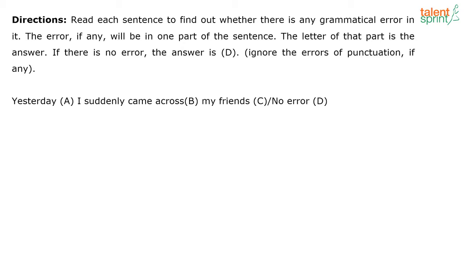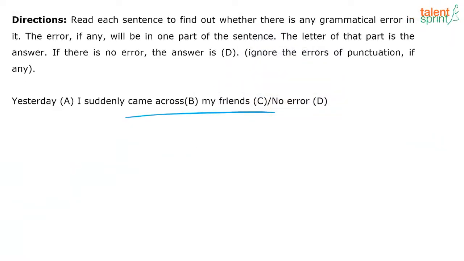So you're saying C, but why? Yesterday I suddenly came across my friends. See, "come across" is the phrasal verb which brings in the meaning of, I bumped into them, right? So in that context, "come across" itself means by chance, by accident, it was not a planned event, right?